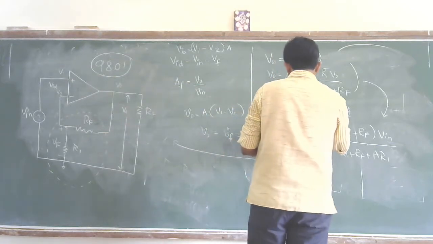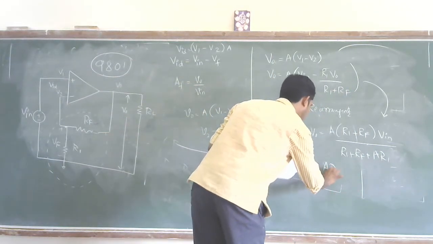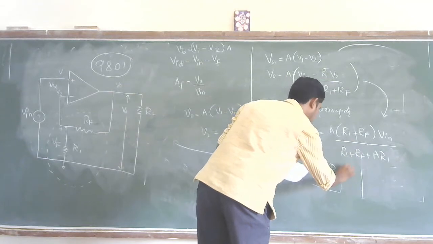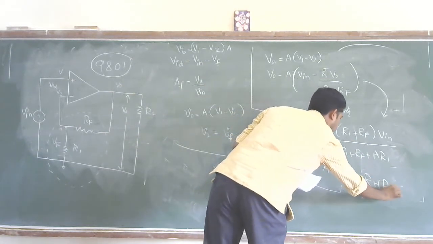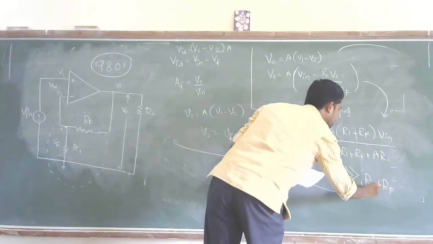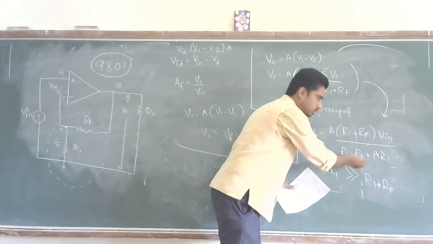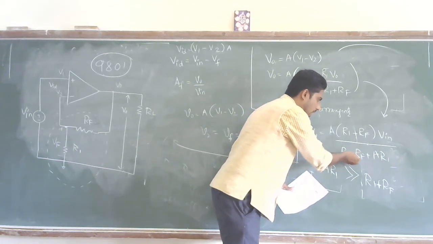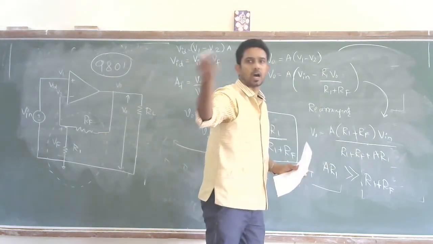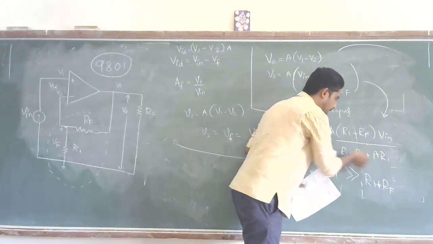So if that is the scenario, then I can say AR1 will be much, much greater than R1 plus RF. I am doing a small modification in the denominator: the combination of R1 and RF versus A times R1. Because A itself is a very large value, definitely this will surpass these values.